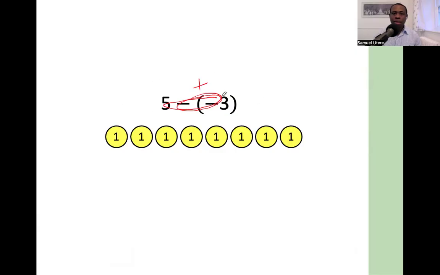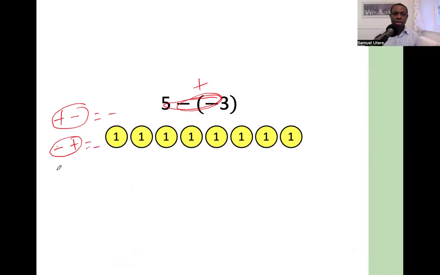Remember, there was a lesson where you learned that a negative and a positive next to each other is negative.